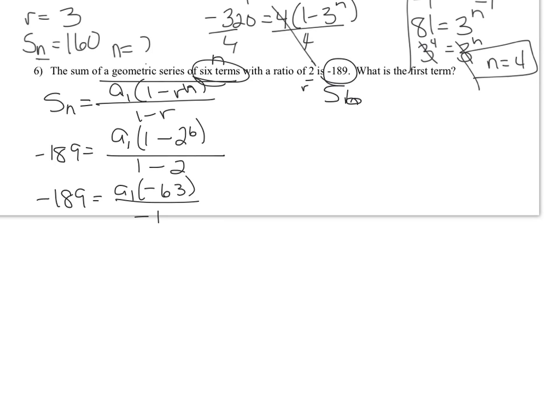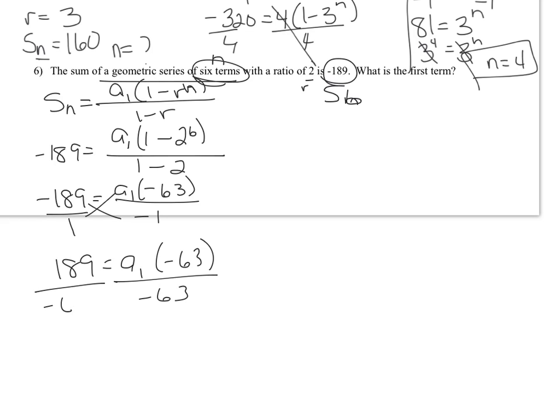Again, you can cross multiply: 189 equals a sub 1 times negative 63 divided by negative 63. I get negative 3. So the first term was negative 3. And there you go, super fun. See ya.